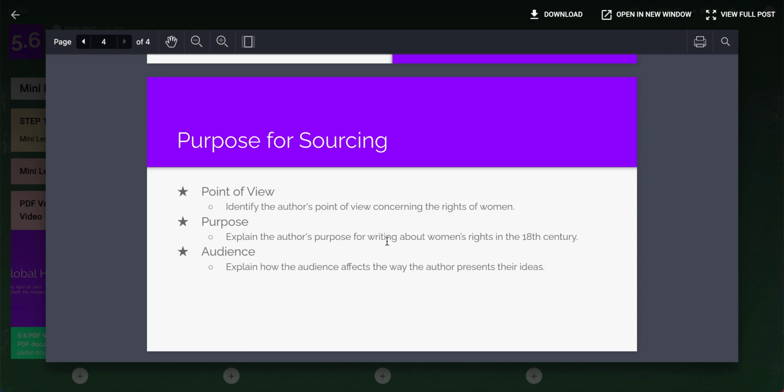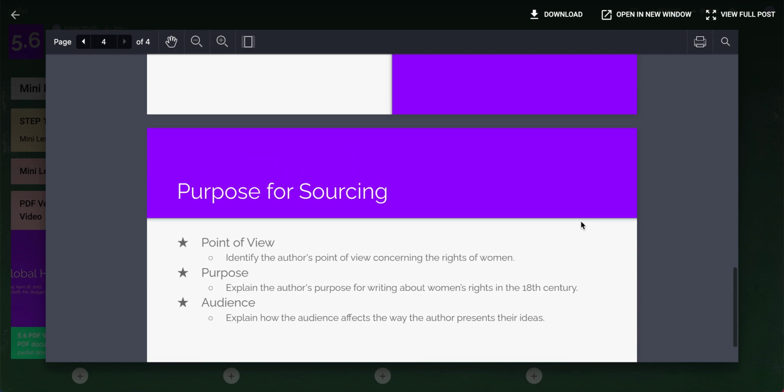Explain how the audience affects the way the author presents their ideas. So we'll later on discover who Wollstonecraft's audience was and better understand maybe why Wollstonecraft was saying what she was saying to this person or to this group of people.